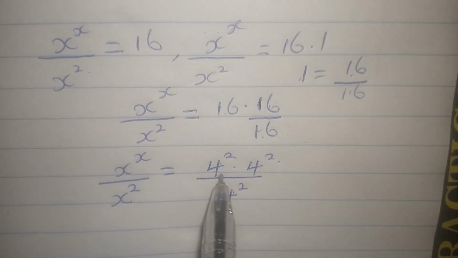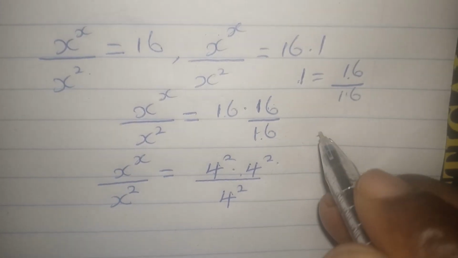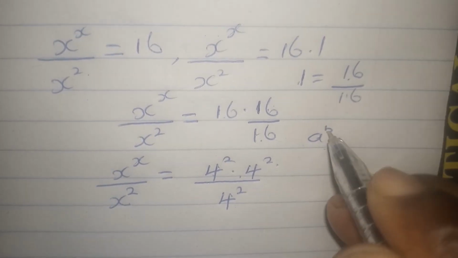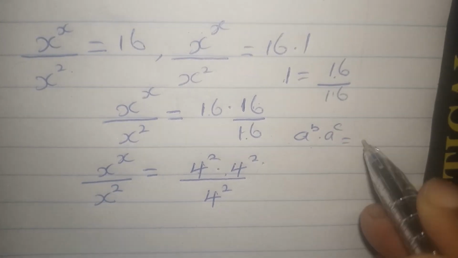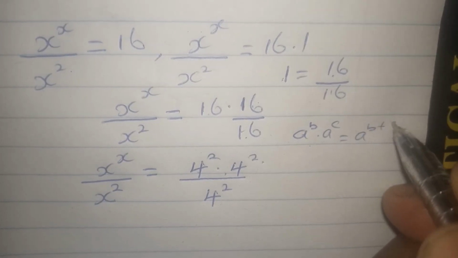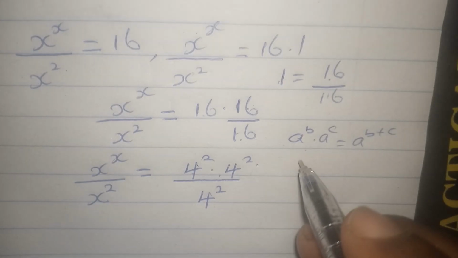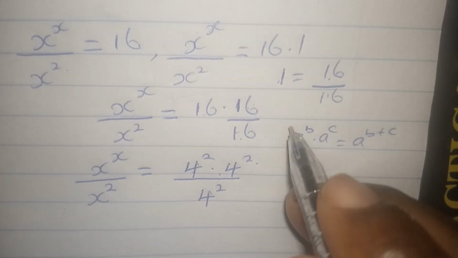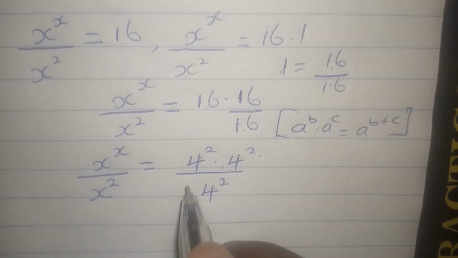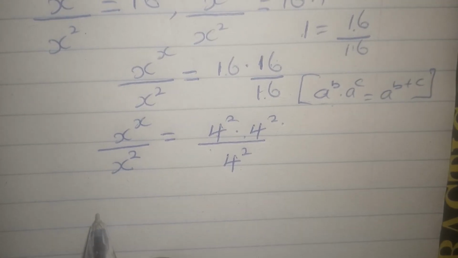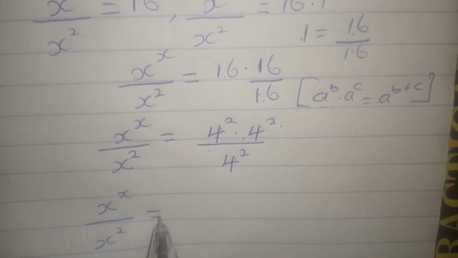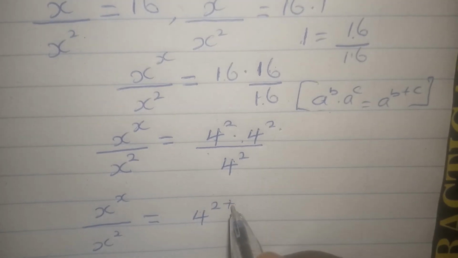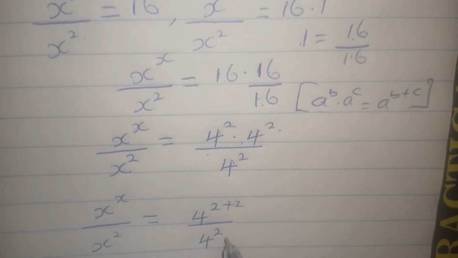So from here we apply a rule which says a to the power of b times a to the power of c is also equal to a to the power of b plus c. So if we put this little rule here, we have x to the power of x over x squared equals 4 to the power of 2 plus 2 over 4 to the power of 2.